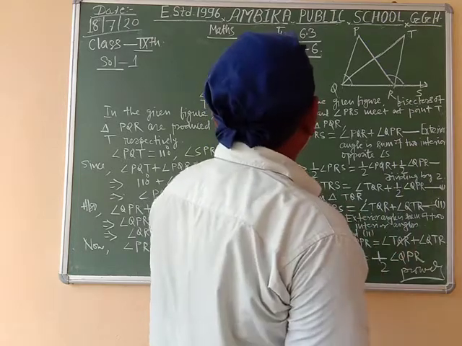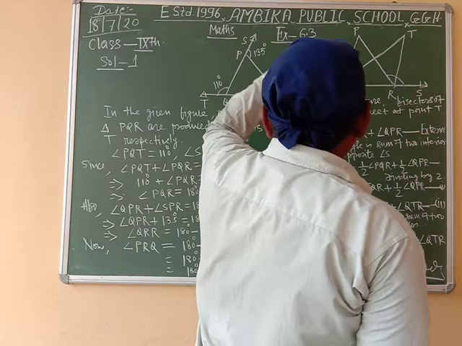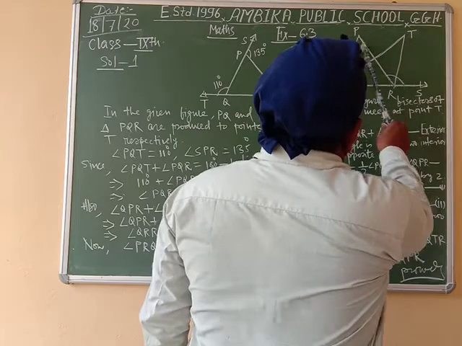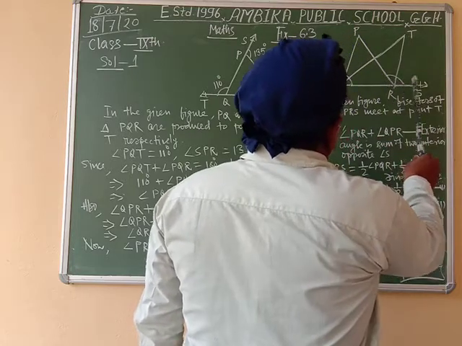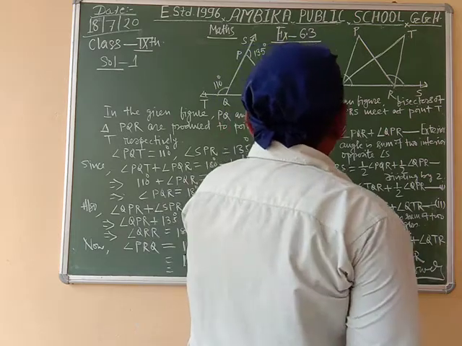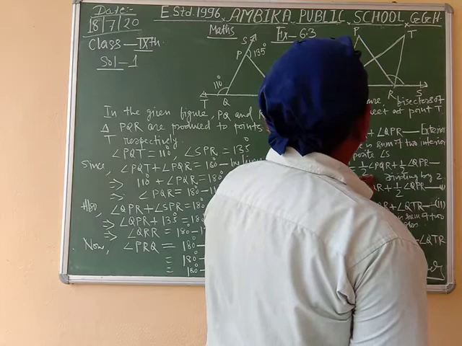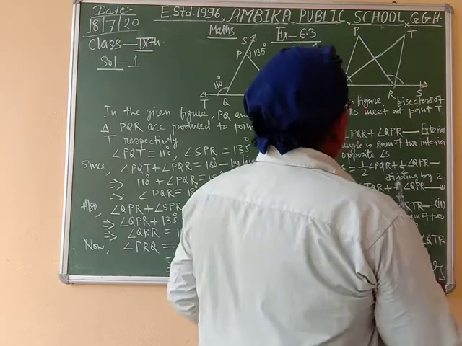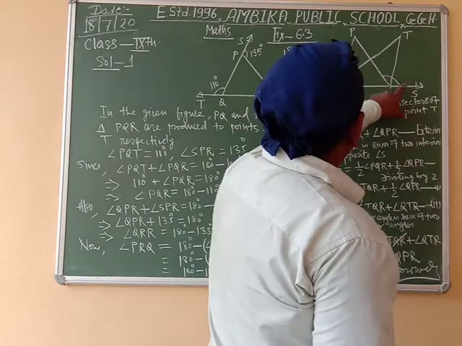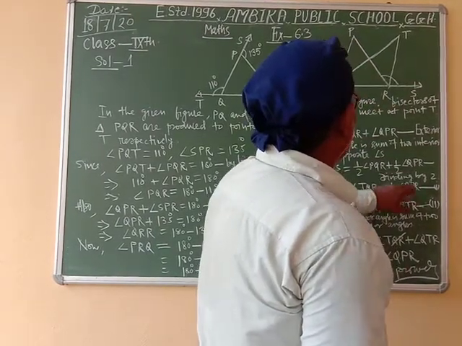If we divide angle PRS by 2, we get angle TRS. So half of angle PRS is equal to angle TRS, which equals half of angle PQR, or angle TQR, plus 1/2 angle QPR.